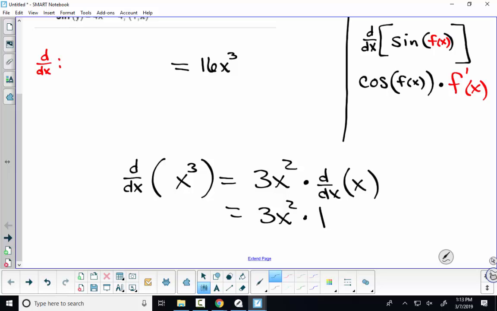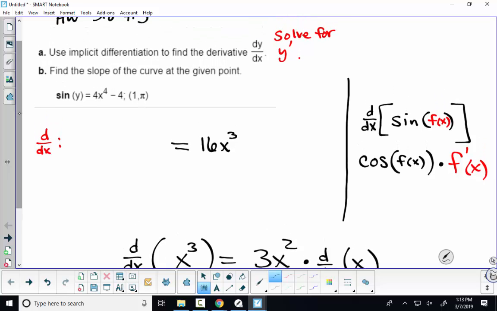If you think of the derivative of x cubed as a chain rule, it's redundant and not necessary, but it can help you understand that whatever your argument is, when you take the derivative of something, you always have to multiply by the derivative of your argument. So for the derivative of sine f of x, we take cosine f of x, but we have to multiply it by the derivative of the argument, which is f prime. So the derivative of sine y is cosine y times y prime.